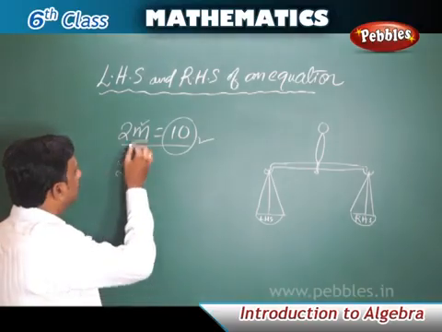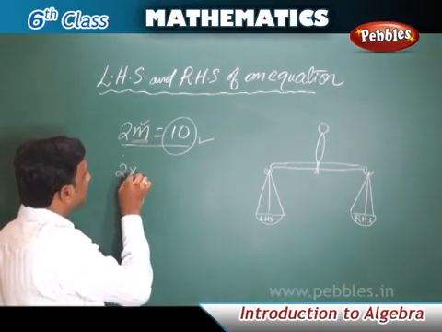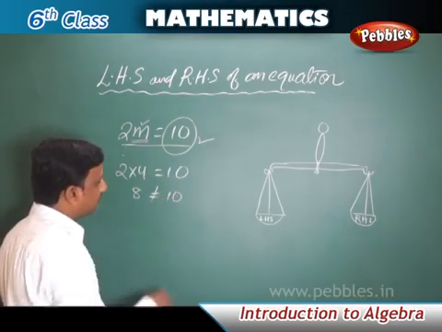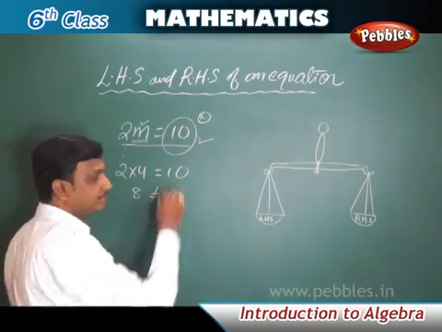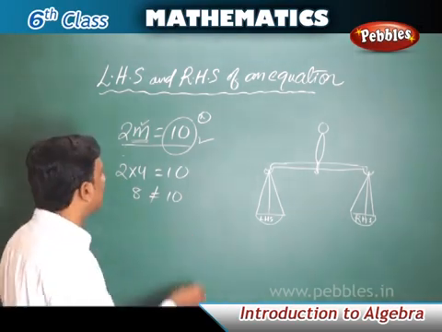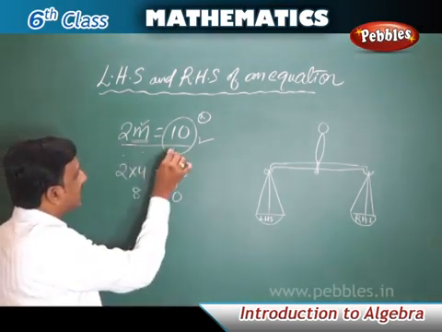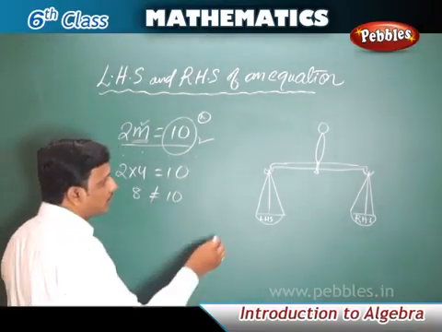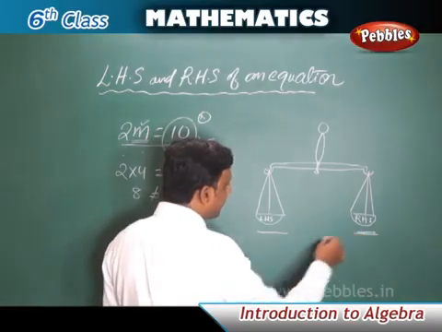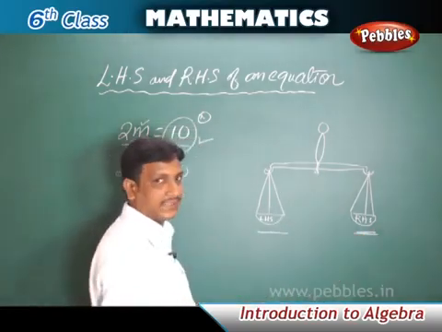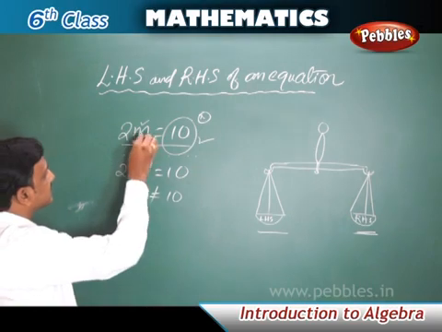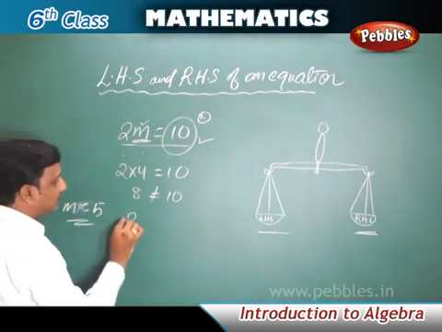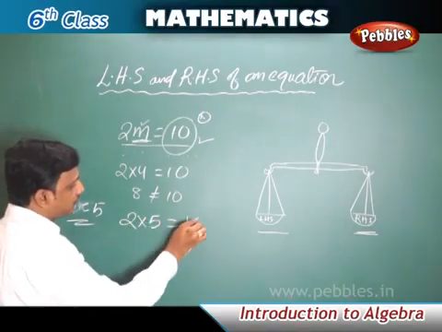For example, in place of m we keep 4: 2 fours are 8, not equal to 10. So this is not an equation. For a simple equation, both the left hand side and the right hand side should be of equal value. You can compare the left hand side and right hand side of an equation with a common balance. Now let us substitute 5 in place of m. 2 into 5 equal to 10.